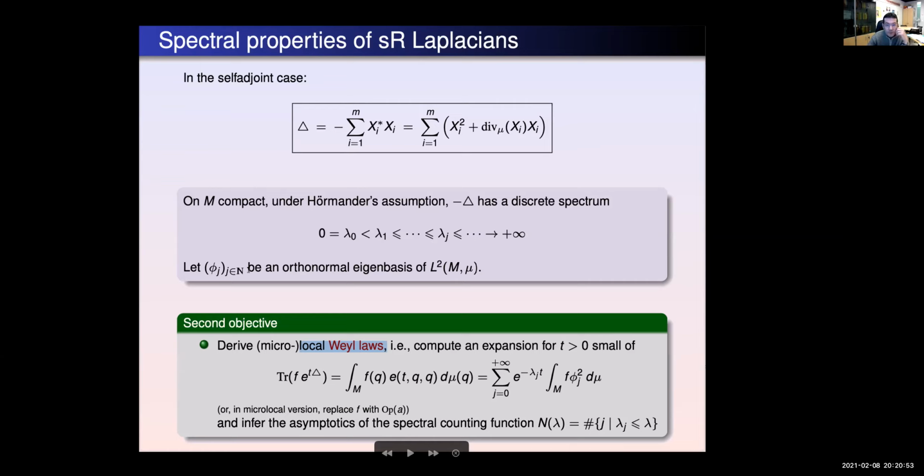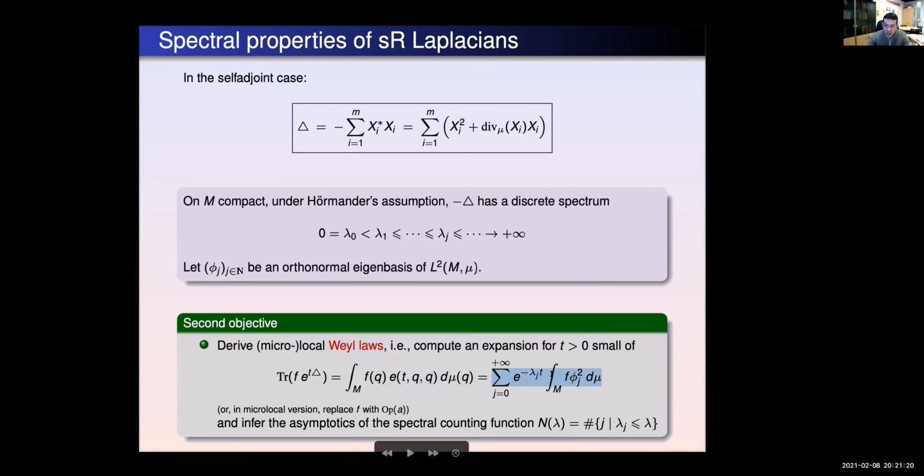Associated to it, you can consider an orthonormal eigenbasis phi j. And what you want to compute is an expansion of the trace. You want to consider the trace of f times the semigroup, which is this integral of f against the heat kernel, which is also, by the Mercer theorem, an infinite sum, like that.